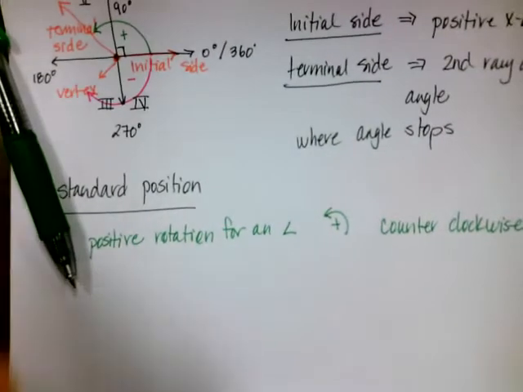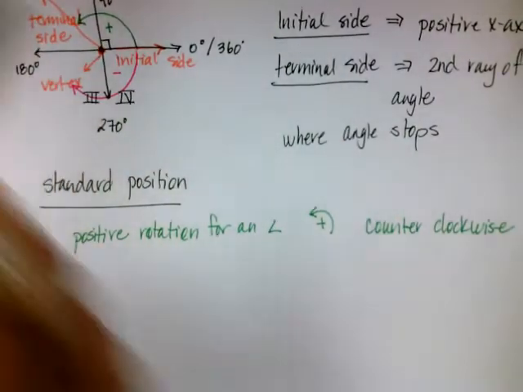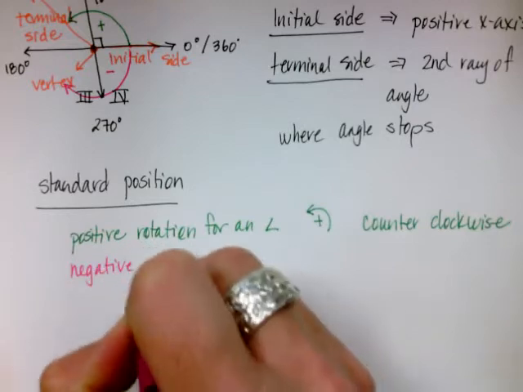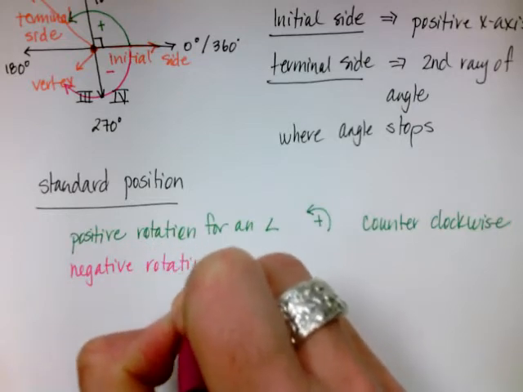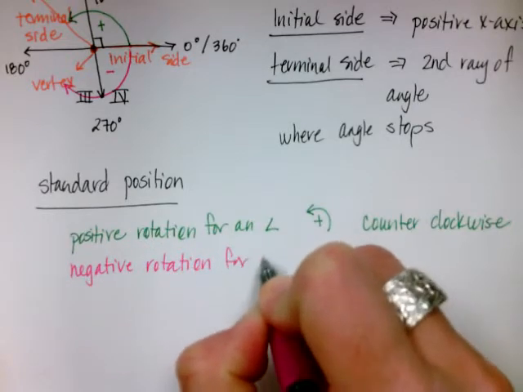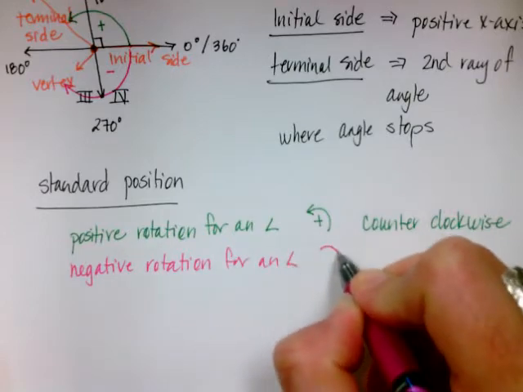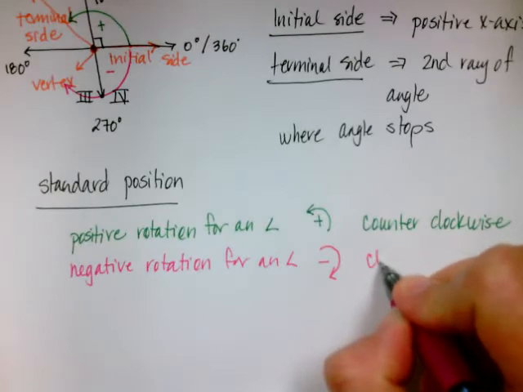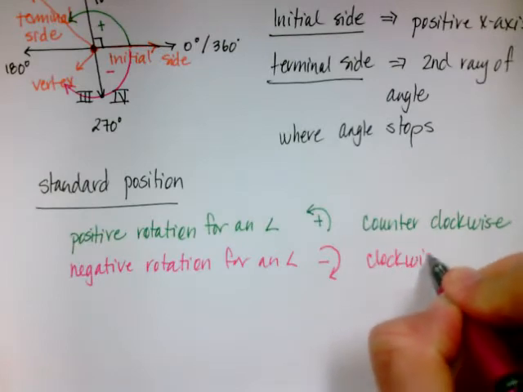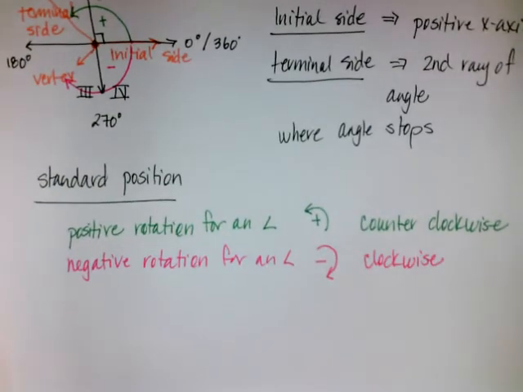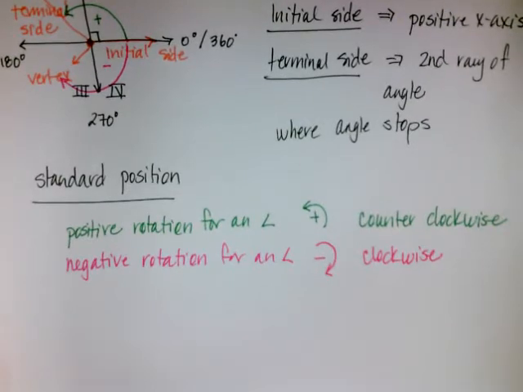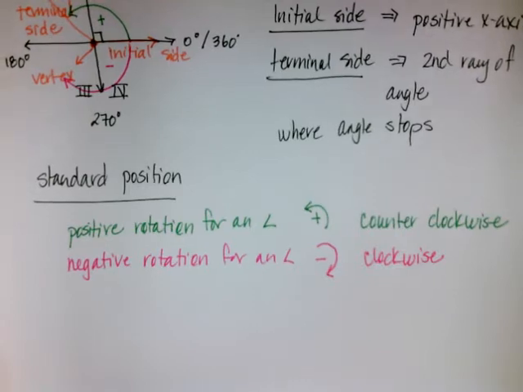Okay, and then I'm using colors so you can kind of reference it from our diagram. The negative rotation for an angle is going to be in the clockwise, and that's going to be negative. So there are a few things that you're just going to have to memorize in this chapter, and this concept is one of them. So I say across the top is positive, across the bottom is negative, okay?